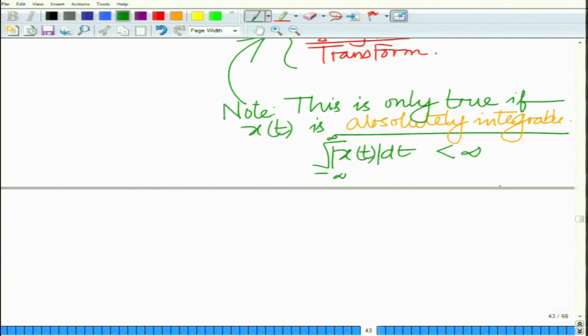So there is a word of caution: you can use this technique only if the signal is absolutely integrable. With that, let us proceed to look at the Fourier transform of some common signals.